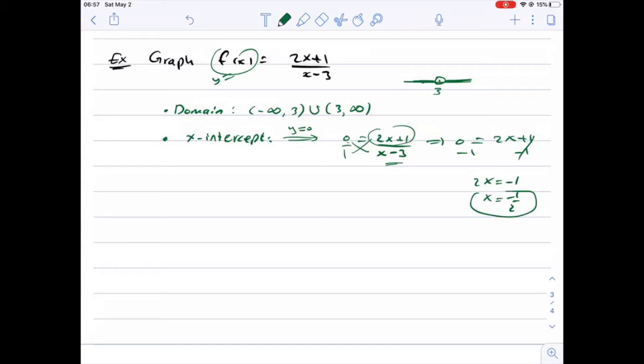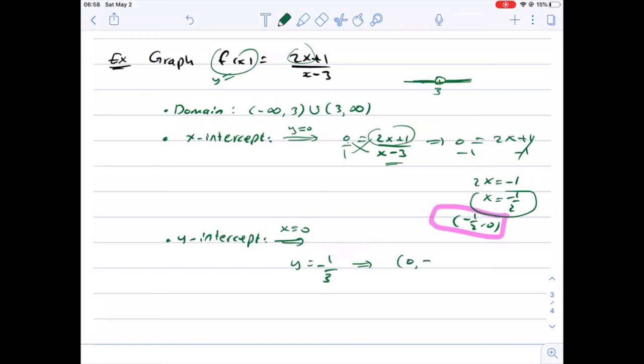This is the x-intercept, I mean negative 1/2 and 0. Now, what is the y-intercept? We set x equals 0, and then y equals (2 times 0 plus 1) over (0 minus 3), which is negative 1/3, and that means (0, negative 1/3) is the y-intercept.